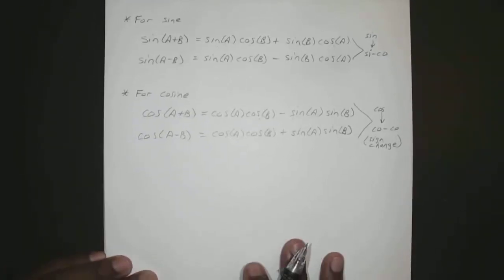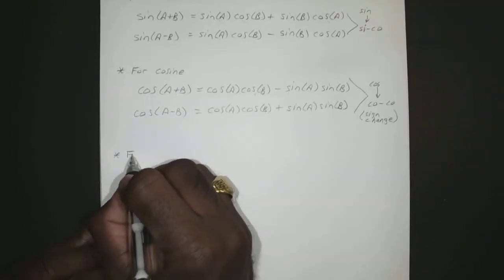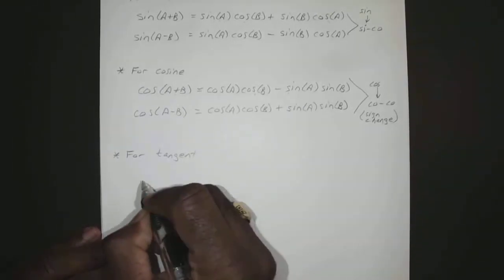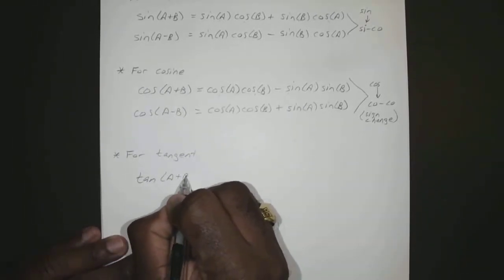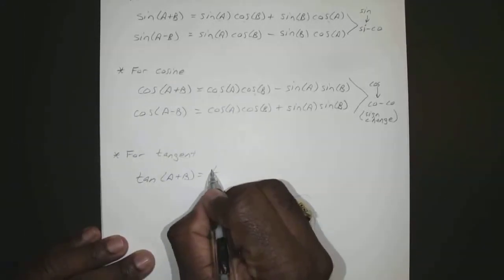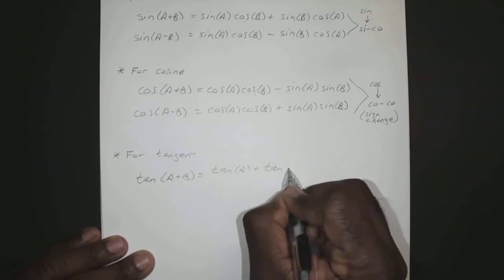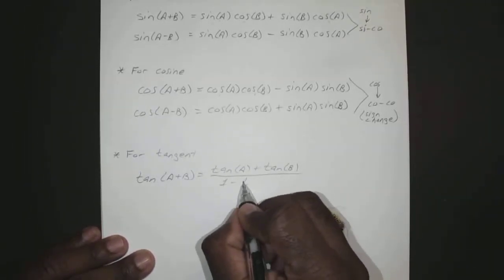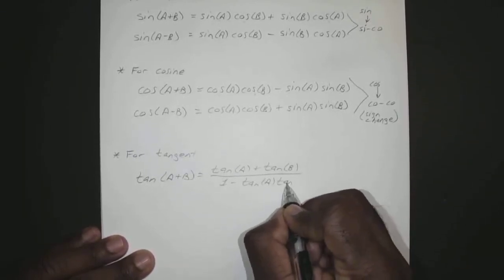Okay. Now for tangent, you have tangent of a plus b equals tangent of a plus tangent of b divided by 1 minus tangent of a times tangent of b.